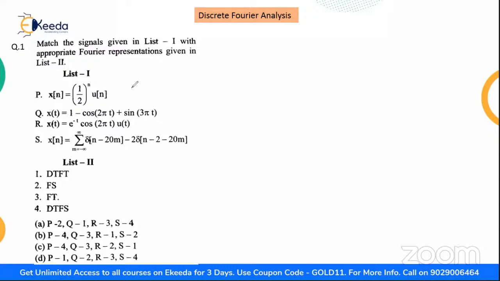This signal is discrete, and aperiodic. So what do we use? Discrete time Fourier transform. For these kinds of signals, we use the discrete time Fourier transform to get information about frequency.